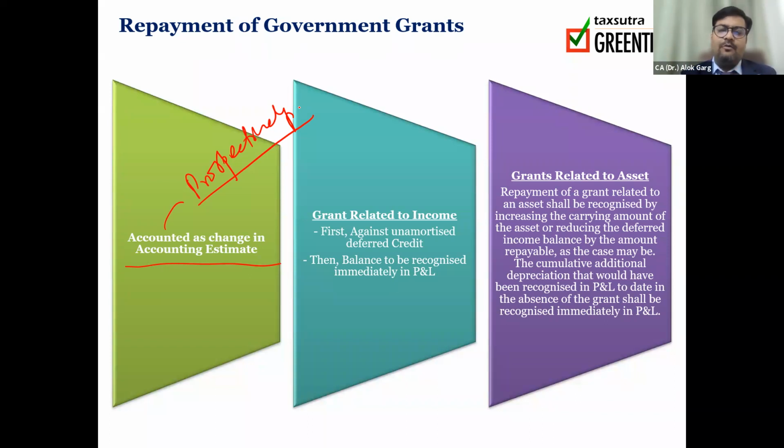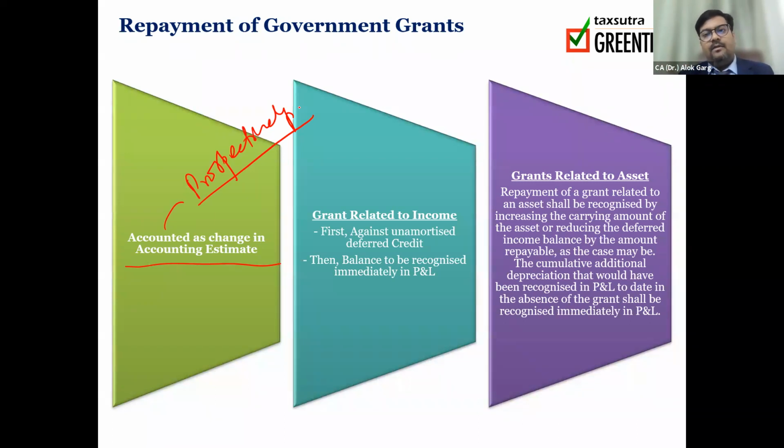But how to do this accounting? If the grant is related to income, it doesn't matter whether the company has followed a gross approach or a net approach. In that case, if any unamortized deferred government grant liability is there, first of all that liability has to be nullified, that liability has to be debited and money has to be credited.